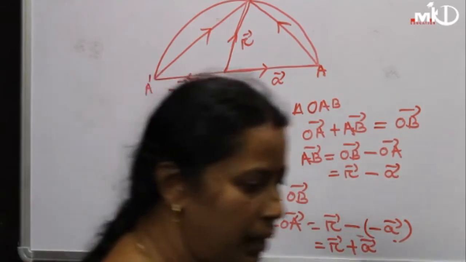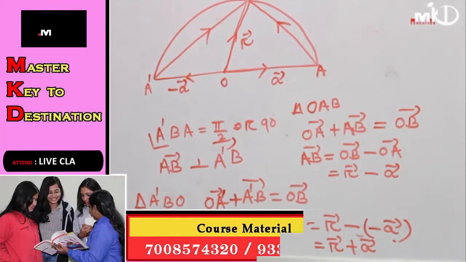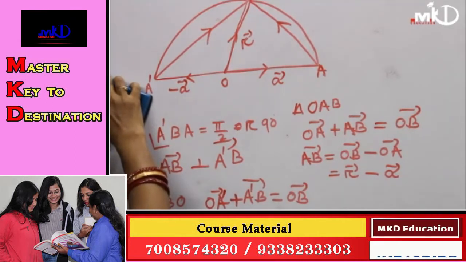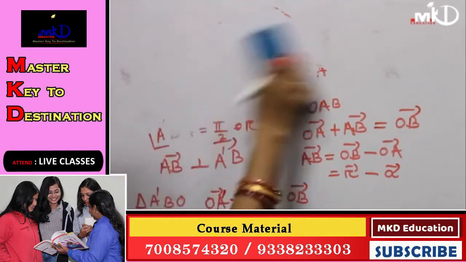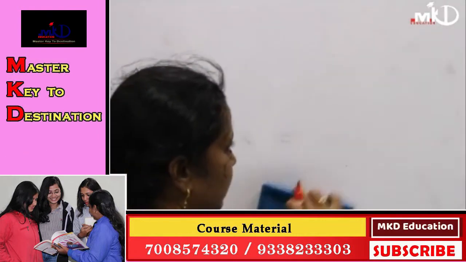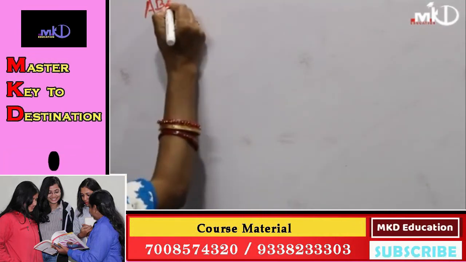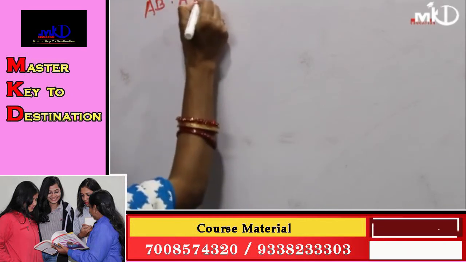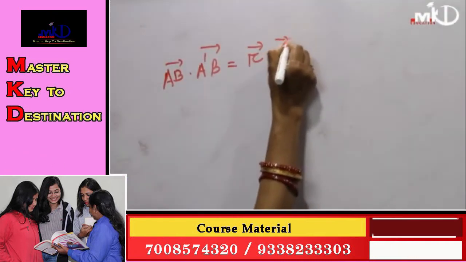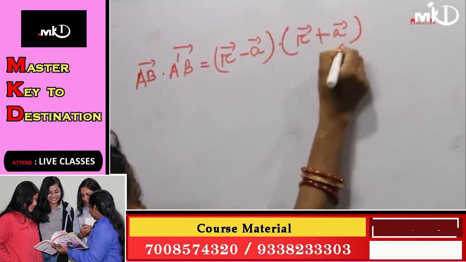So what is the dot product of these two vectors? Now AB bar dot A dash B bar is equal to R bar minus A bar dot R bar plus A bar.